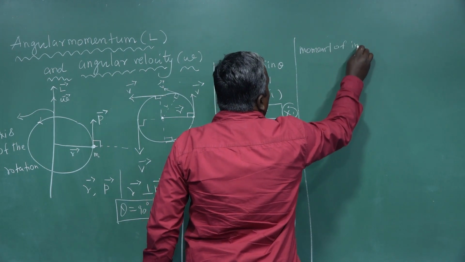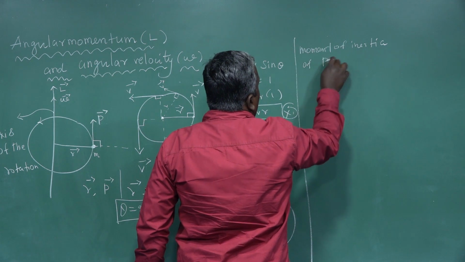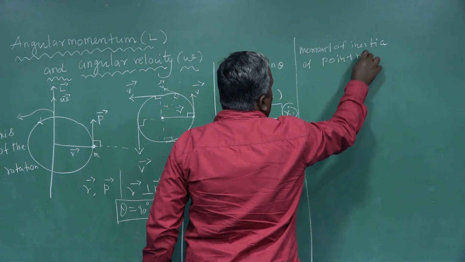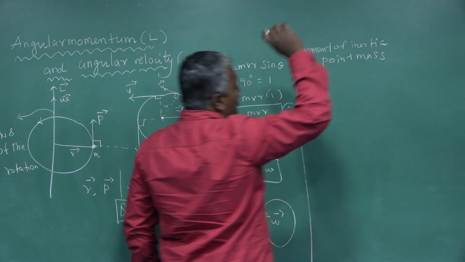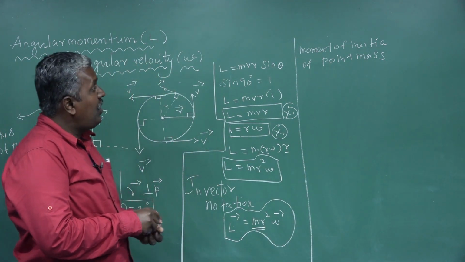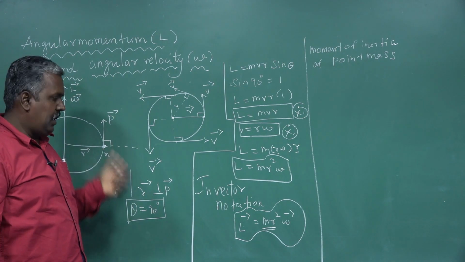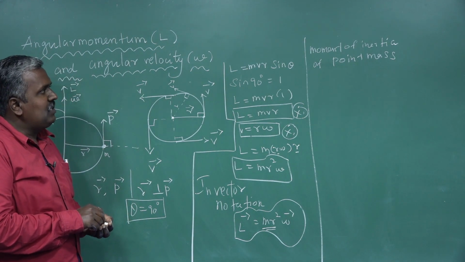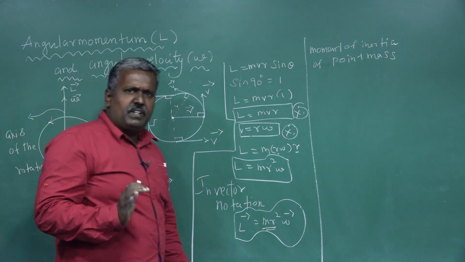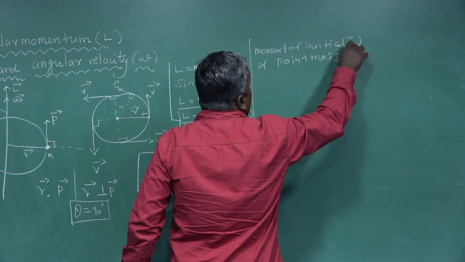Moment of inertia of a point mass in the rigid body. m r square means moment of inertia. What is the symbol for this? Capital I.